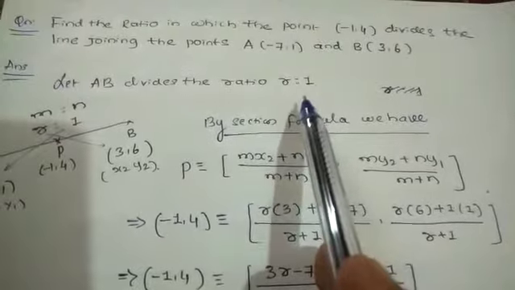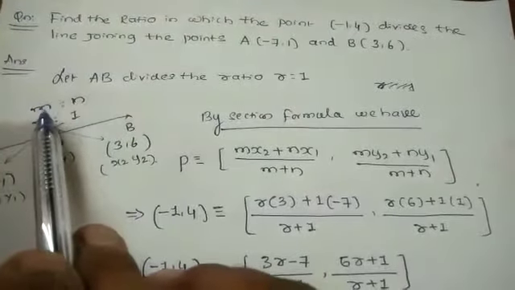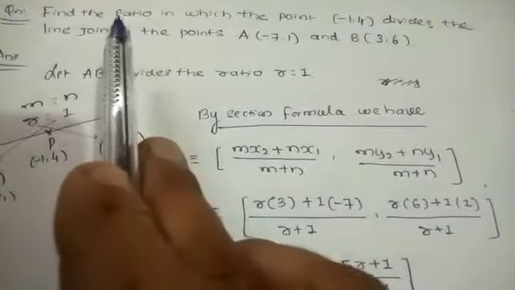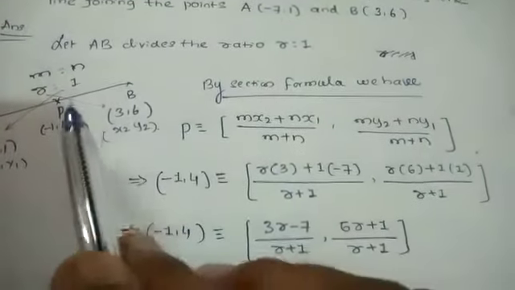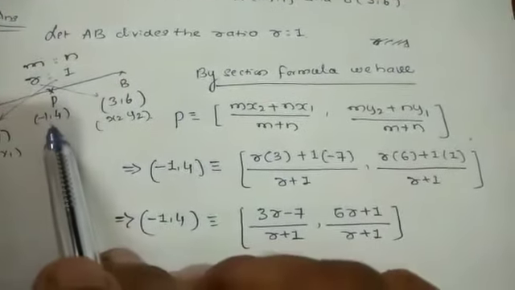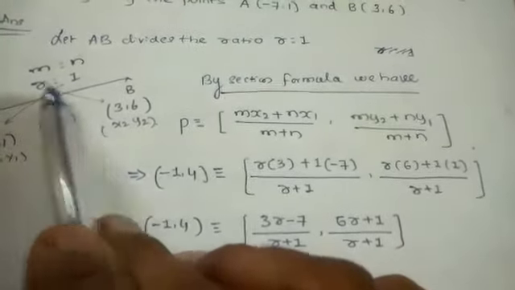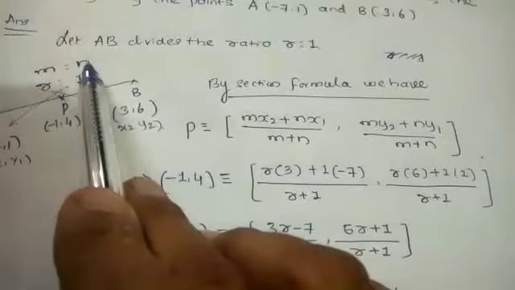In order to find the ratio, generally we consider the ratio as m:n. Here we have to find the ratio itself. Already the two end points are given and the point P, (-1, 4), is also given. This point divides the line joining the points in the ratio m:1.